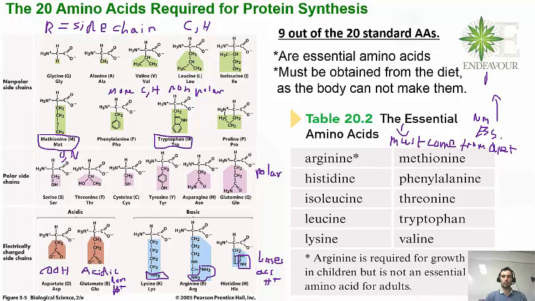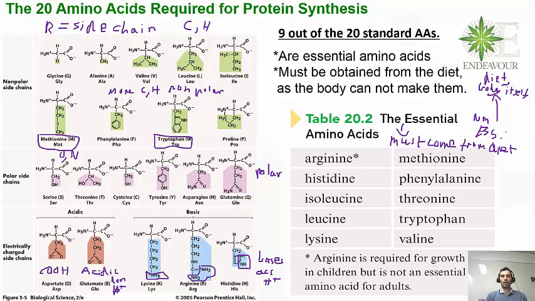This can actually come from either the diet or the body can make it itself as well. So the key difference here is that we need to obtain the essential amino acid from the diet, whereas the non-essential amino acid can be made by the body and also obtained from the diet.